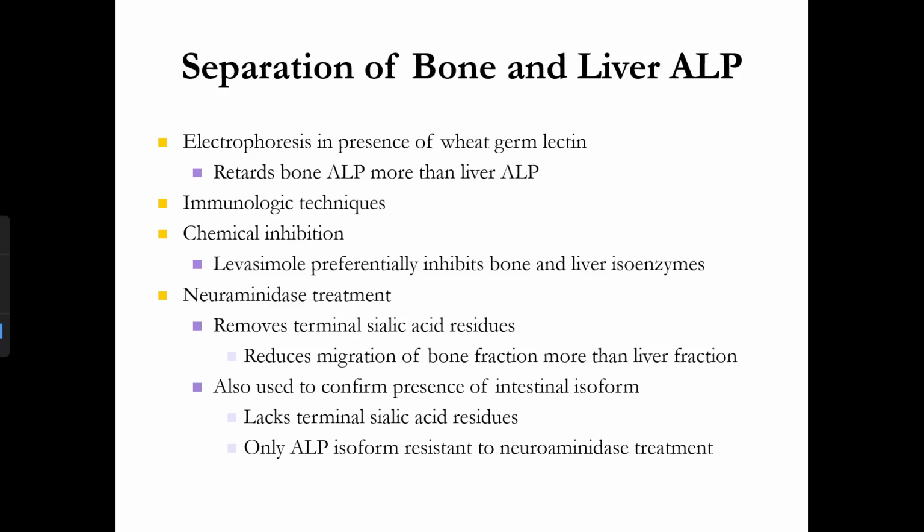Neuraminidase treatment removes terminal sialic acid residues, reduces migration of bone fraction more than liver fraction. Also used to confirm the presence of intestinal isoform, which lacks terminal sialic acid residues. Only ALP isoform that is resistant to neuraminidase treatment.